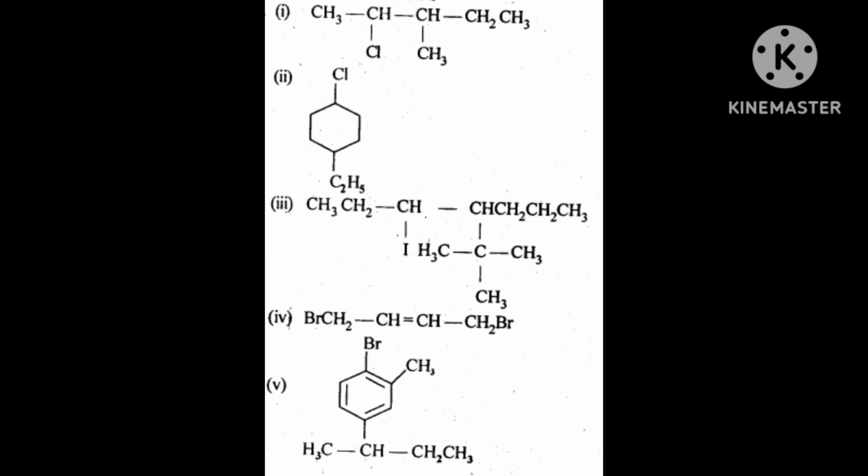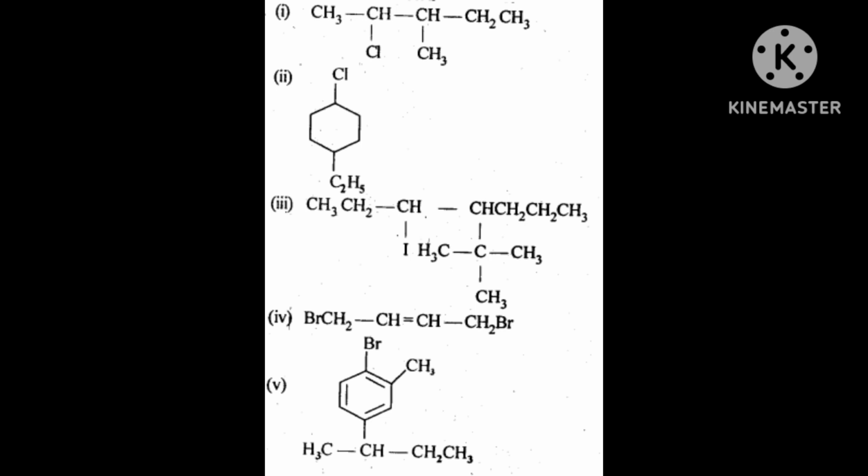In sp2, one orbital has not taken part, it is unhybridized, and in sp 2 orbitals are unhybridized, not taken part in hybridization. Then what will be its role? Its role will be in the formation of a pi bond. Correct?